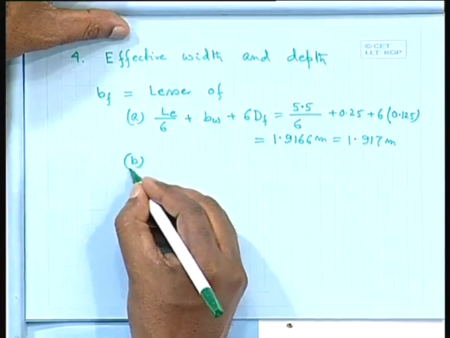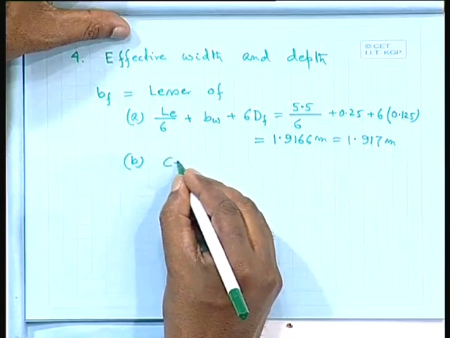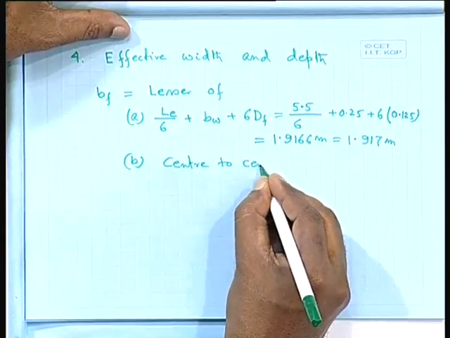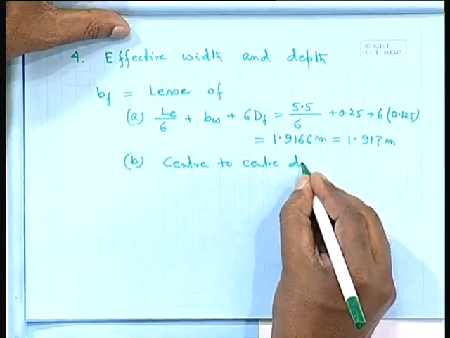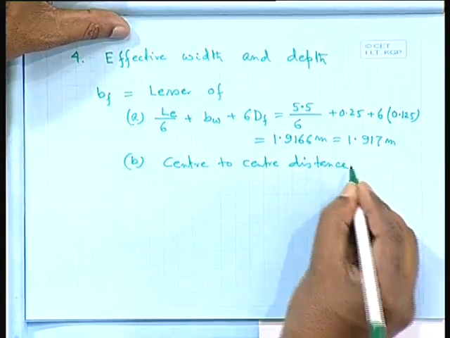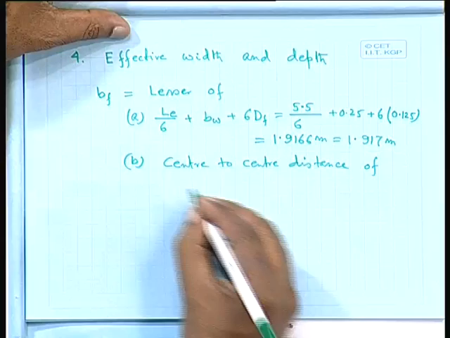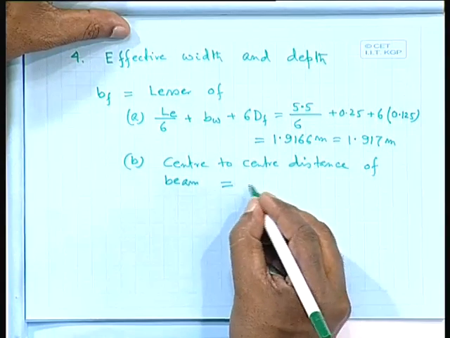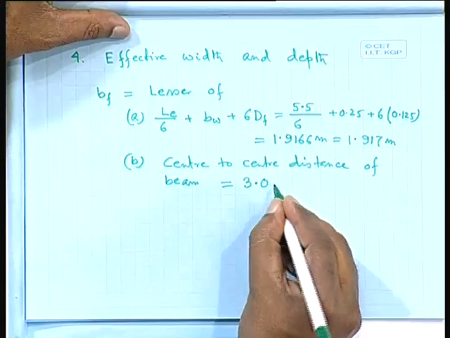And B, the center to center distance of beam, which equals the spacing, that is 3 meter.